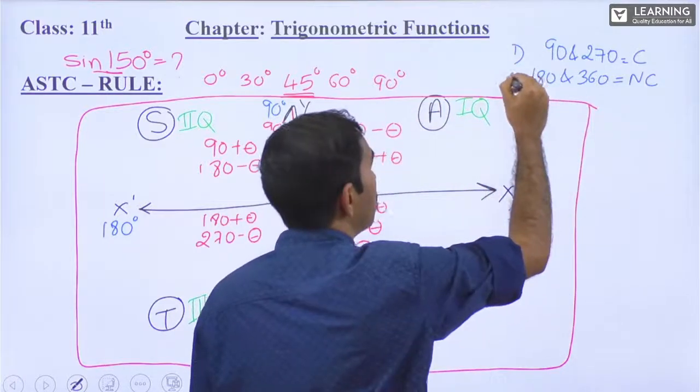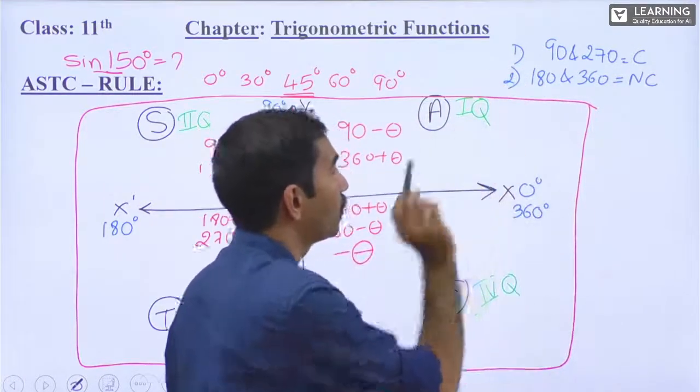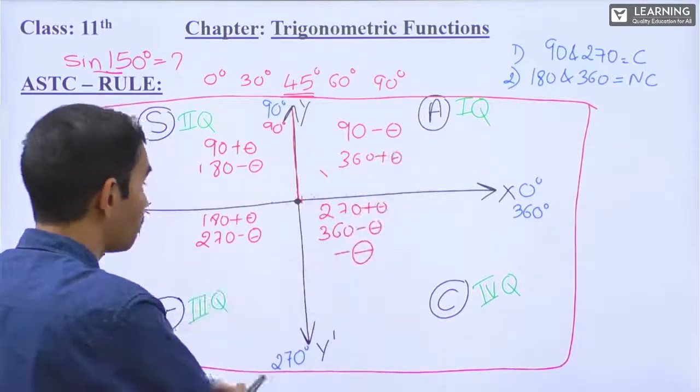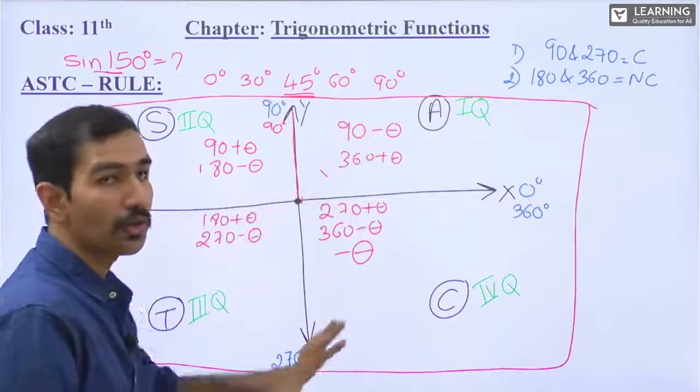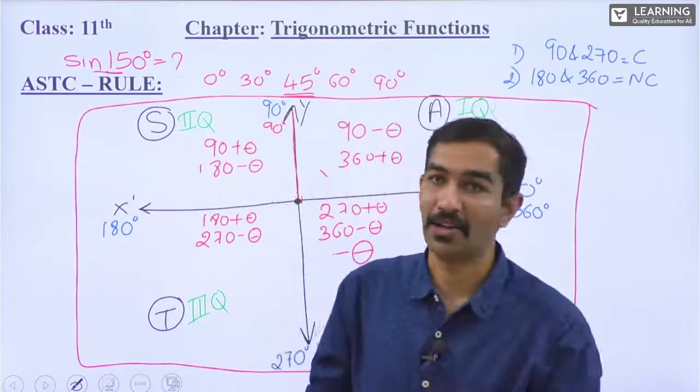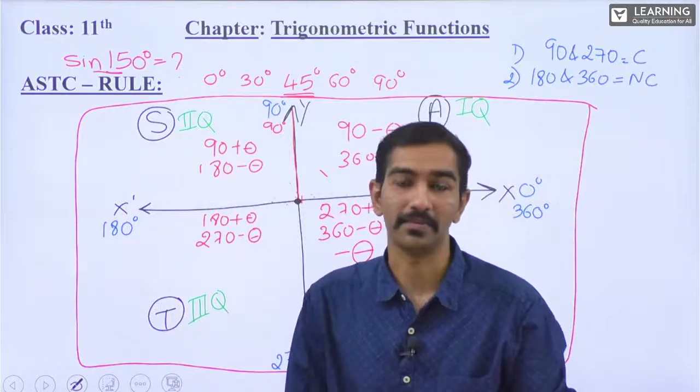Point number 1, point number 2. Make a note of both points. I'll tell you what those are. So this complete red box plus those 2 points is what you have to remember. This together comprises the complete ASTC rule.